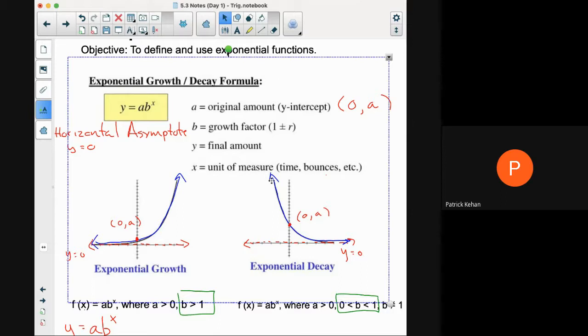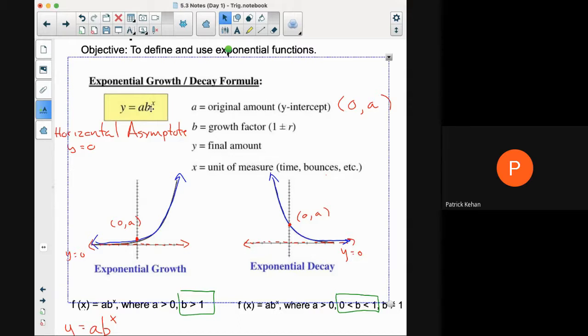In exponential decay, as x increases from left to right, the function decreases rapidly, and then eventually it slowly starts decreasing towards 0, and that's due to the exponential decay factor. Same thing, the y-intercept here is (0, a), again that's the a value in the equation, with b being your growth factor or decay factor.